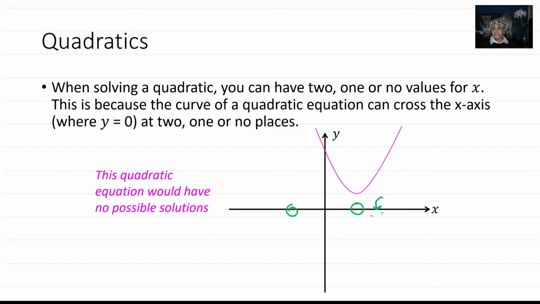This graph is not touching the x-axis, which means there are no solutions at this level anyway. The graph has to touch the x-axis in order to solve the quadratic. Sometimes your graphs may look like this, upside down. That is okay as long as it touches the x-axis.